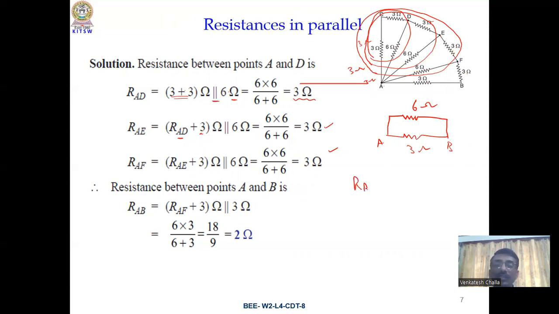So the equivalent resistance between A and B, RAB or R equivalent, as these are connected in parallel, is 6 into 3 divided by 6 plus 3. What is the R equivalent formula? R1 into R2 divided by R1 plus R2. That is nothing but 18 divided by 9, equal to 2 ohms.